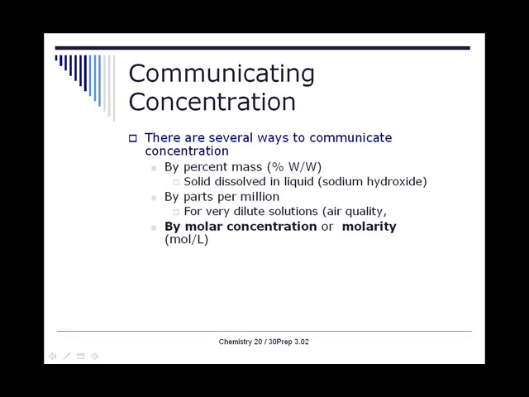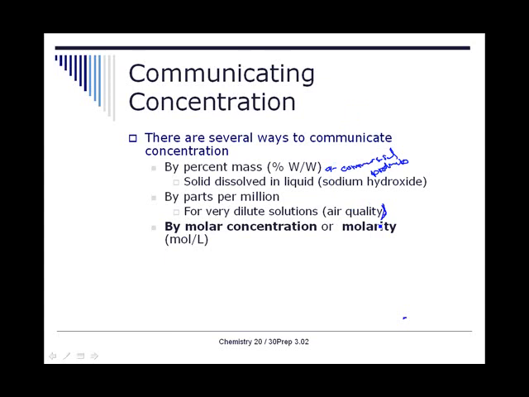So there are 3 main ways to calculate concentration. One is percent by mass, and this is usually done when we're dissolving solids into a liquid. This is especially used in commercial products. Next is parts per million, for very dilute solutions, ones where the concentration of our solute is very, very small, but still needs to be known.